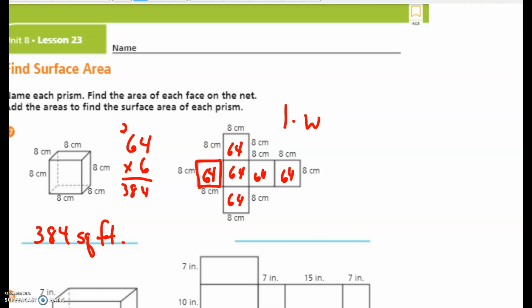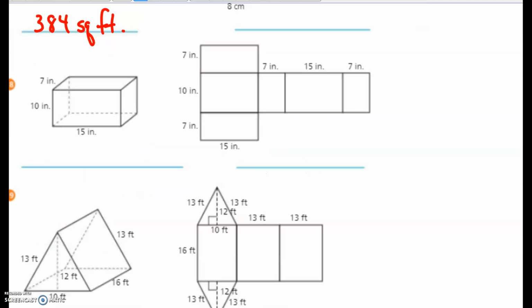Boom. That was easy. Well, already I've made my first mistake. Maybe you caught it. It should have been square centimeters, or you could write it centimeters squared like that. Not feet.